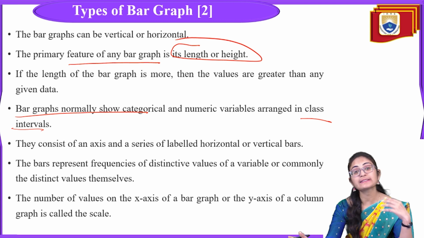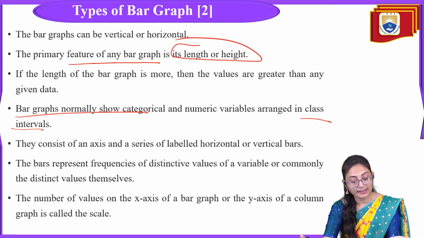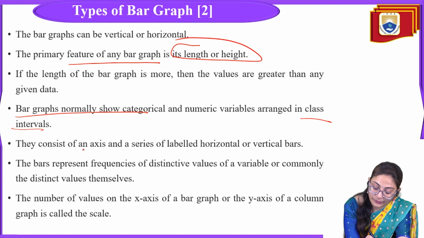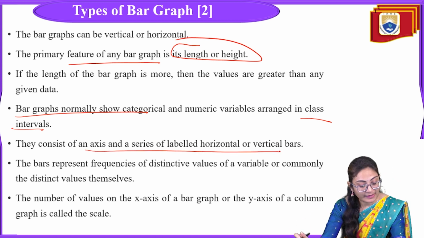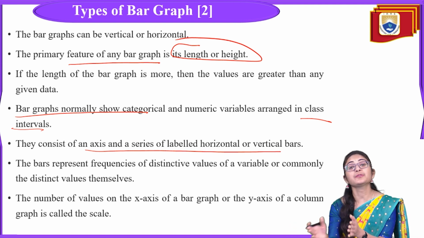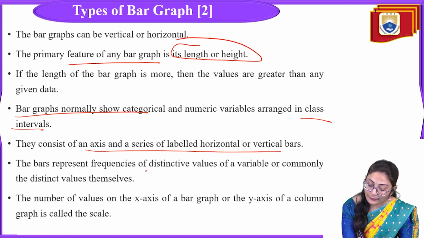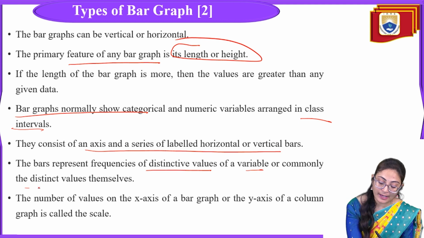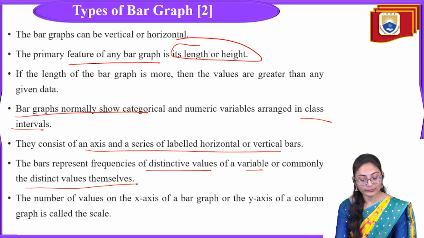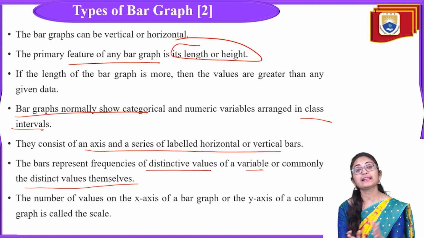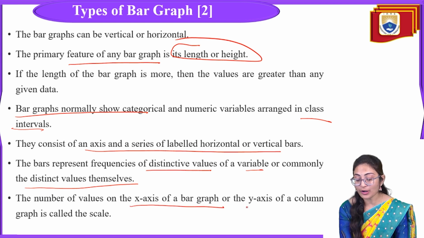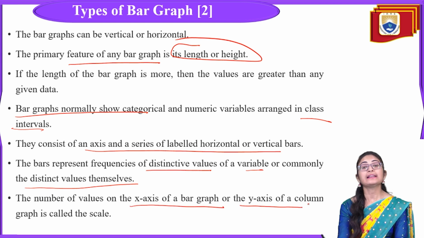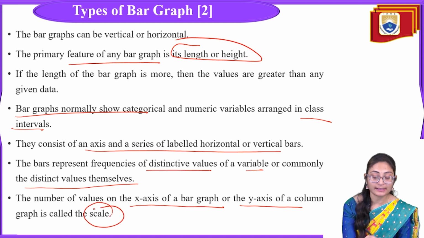Generally, bar graphs consist of an x-axis, a y-axis and a series of labeled horizontal or vertical bars. The bars represent the frequencies of distinctive values of a variable or commonly the distinct values themselves. The number of values on the x-axis of a bar graph or y-axis of a column graph is called the scale.